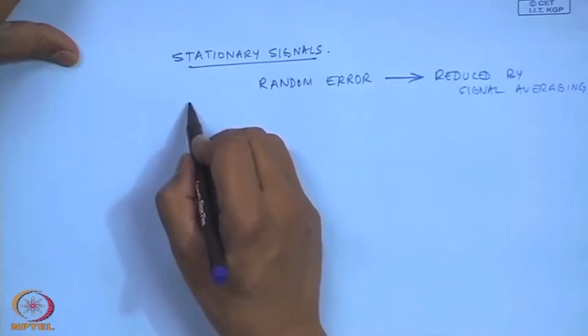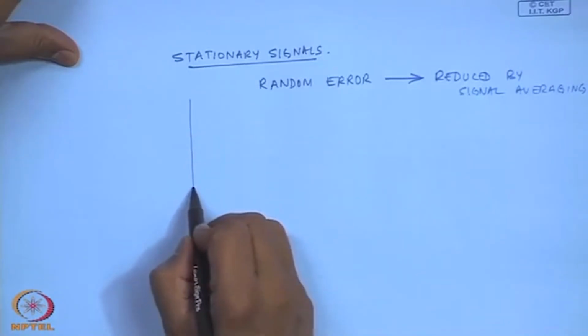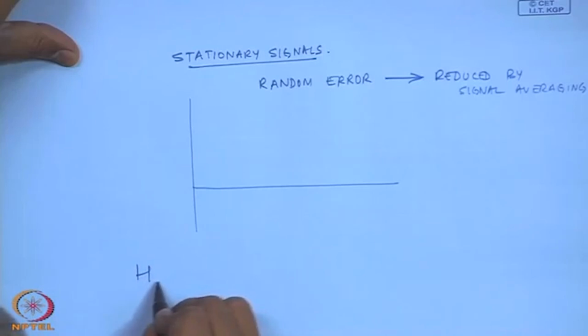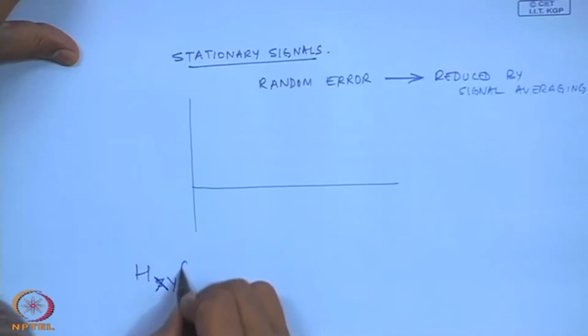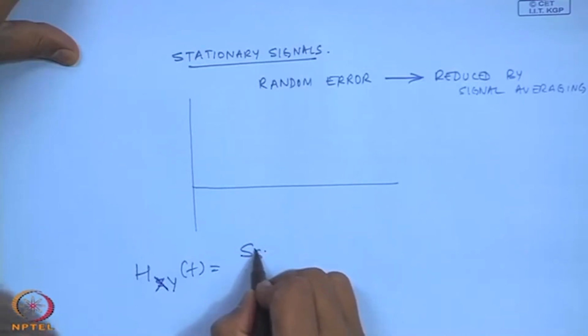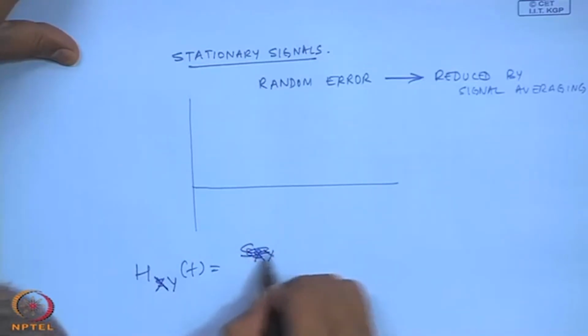So, what I mean to say is, suppose I am finding out the transfer function. By the way, the transfer function between these two signals, H xy of f, is nothing but the cross spectrum over the auto spectrum.